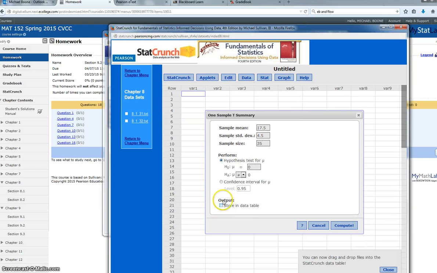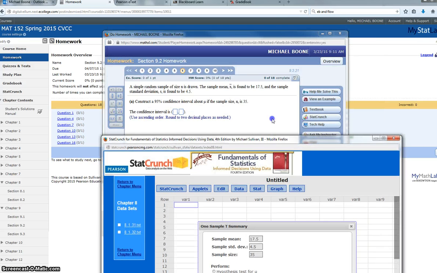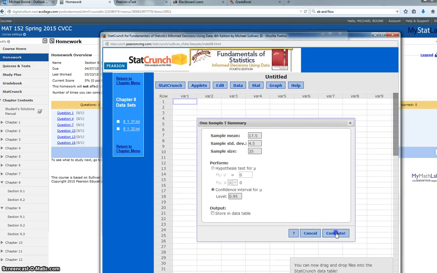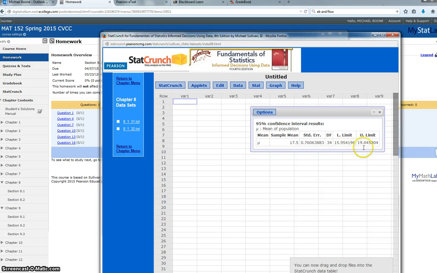Once we input our information, I think our confidence interval was 95%, and I compute my lower limit and upper limit.